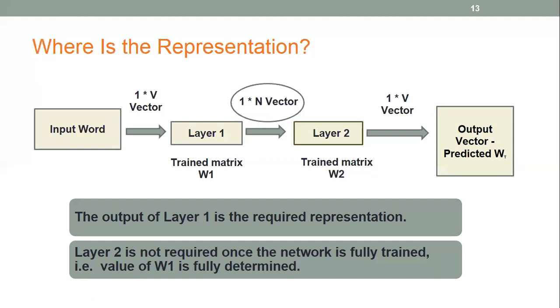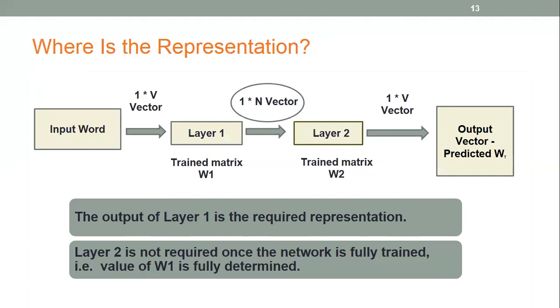So once the network is completely trained, what we want is to convert this one hot vector into a 1 by n vector, because that is the hidden representation. The size of this one hot vector is very large. It is in the scale of 100,000, but the value of n is around 300 to 600.